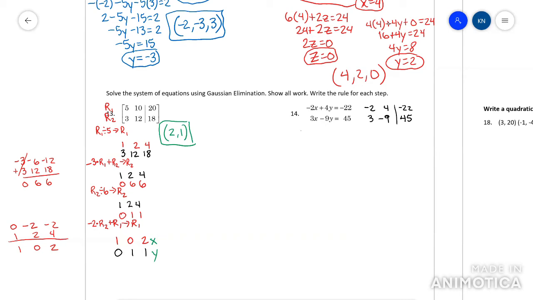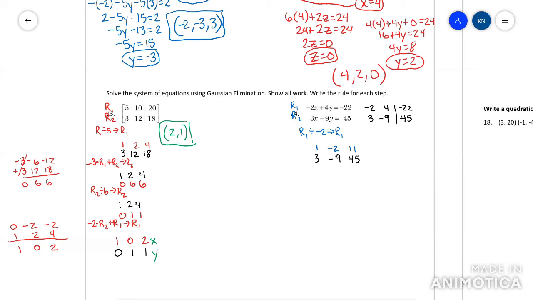So here's row 1, here's row 2. I'm going to do row 1 divided by -2 and write it in the row 1 spot. So that would be 1, -2, 11. I just divided everything by -2. Row 2 did not change.